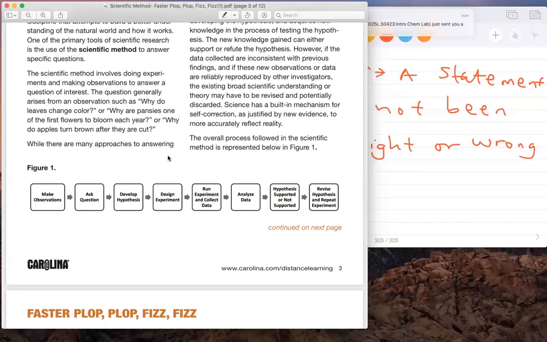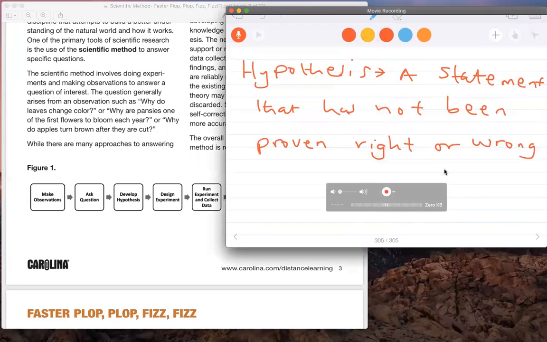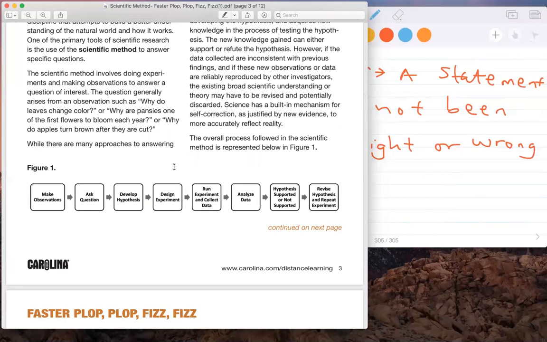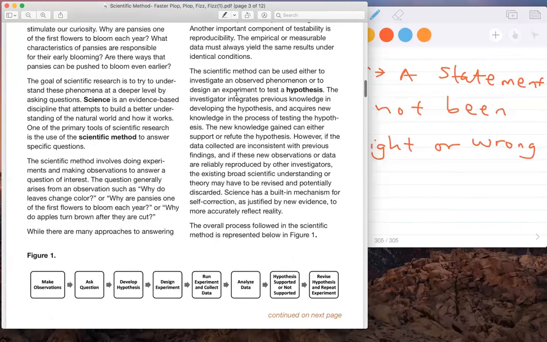Here is the summary of the roadmap in the scientific method: you make observations, you ask questions, develop a hypothesis, and remember how I define hypothesis. Others might have a different definition from the one I have here, but feel free. This is how I define hypothesis.